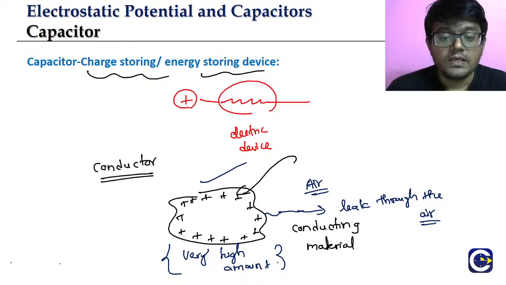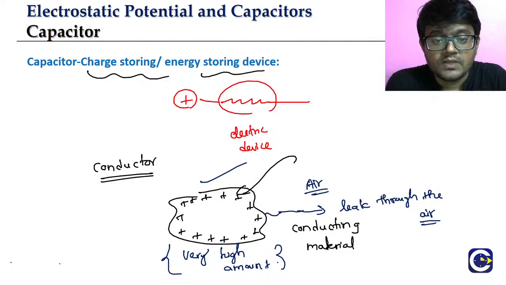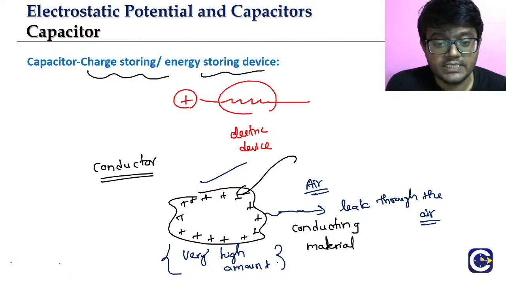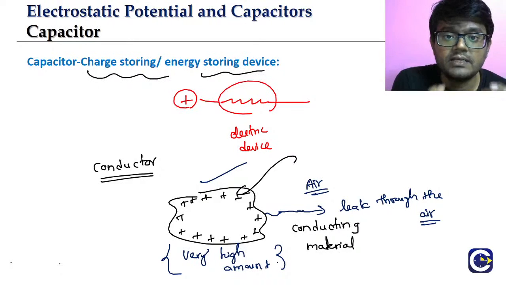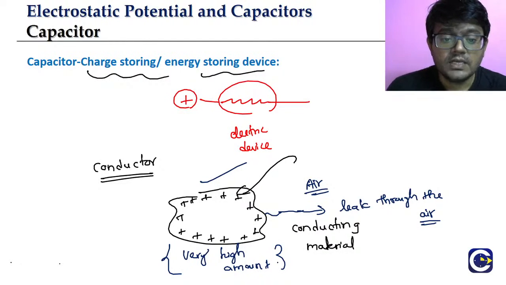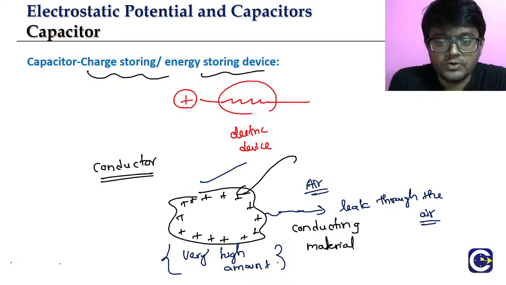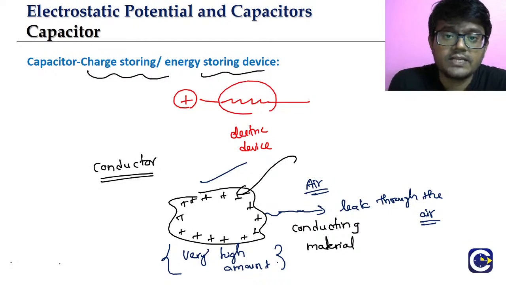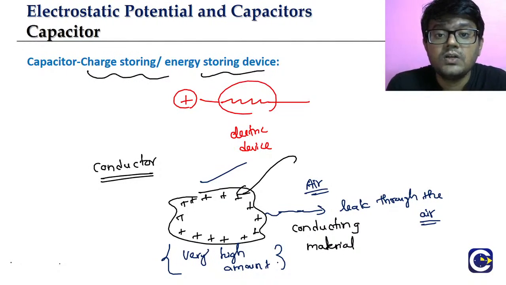So if you take a simple conductor, we can give charge to it and store the charge on that conductor. Therefore a simple conductor can be like a capacitor. But we cannot keep on storing whatever amount of charge we want. For every capacitor, and a conductor we can call a capacitor, there will be some limitation on the maximum charge it can store.